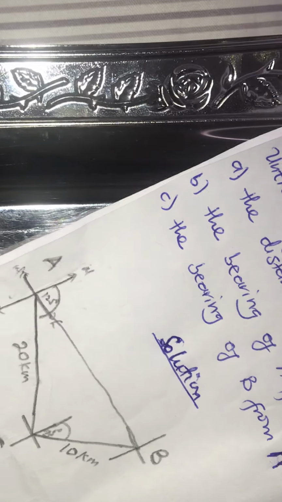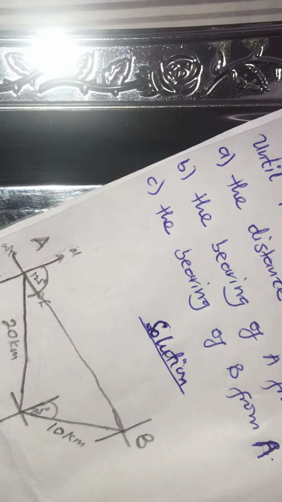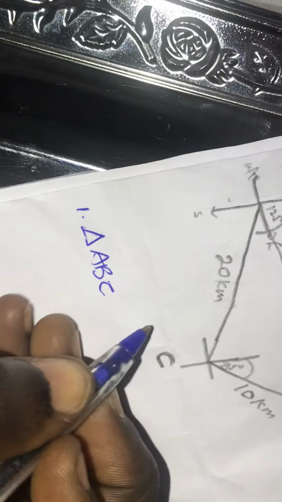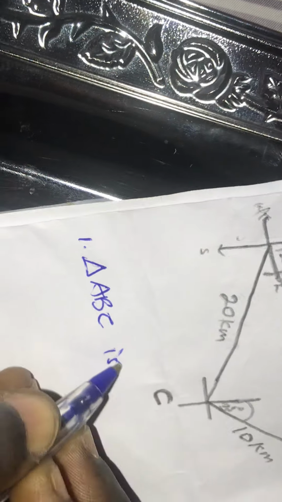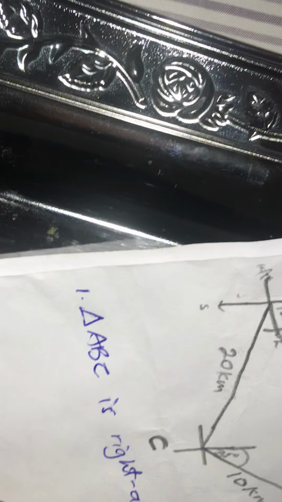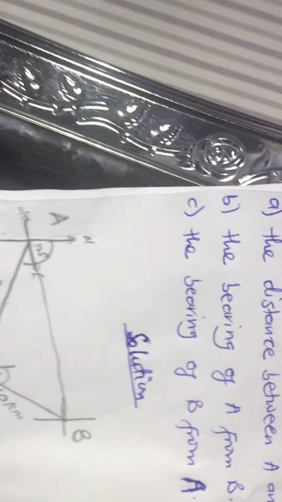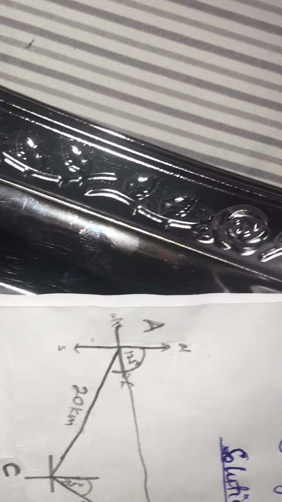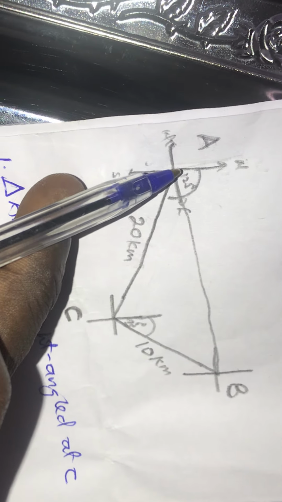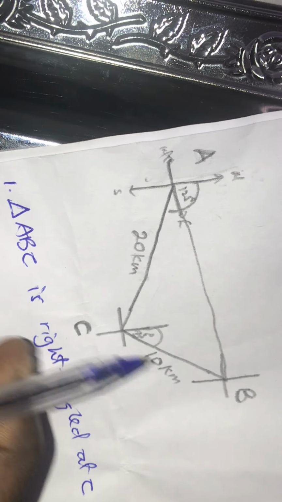We can use Pythagoras theorem to solve this. So we can say that triangle ABC is right angled at C. Using the Pythagoras theorem, the square of line AB is equal to the sum of the squares of line AC and line BC.